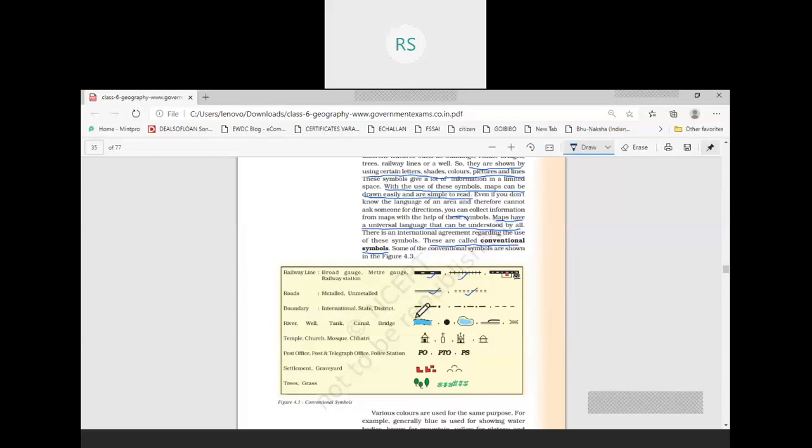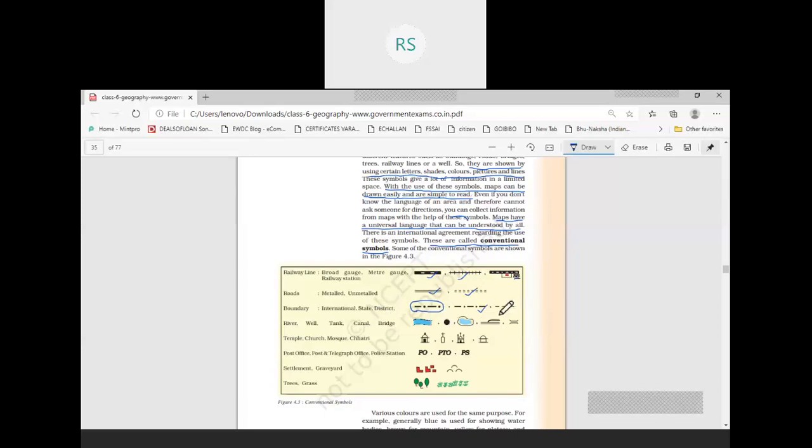And how is this international boundary shown? This is the symbol of international boundary. Okay, and then state boundary. State boundary is the boundary between two states like UP and MP, Uttar Pradesh and Madhya Pradesh. The boundary between these two states is shown like this. Okay, and then districts.